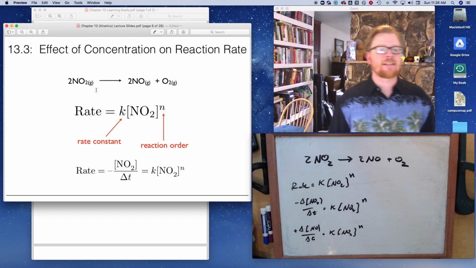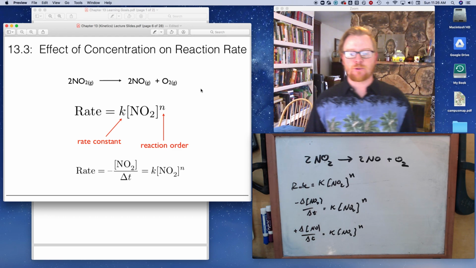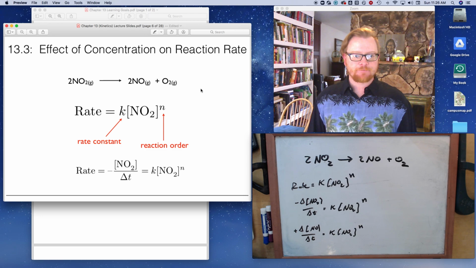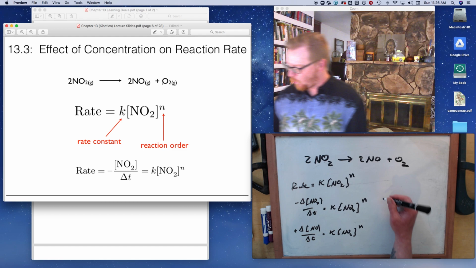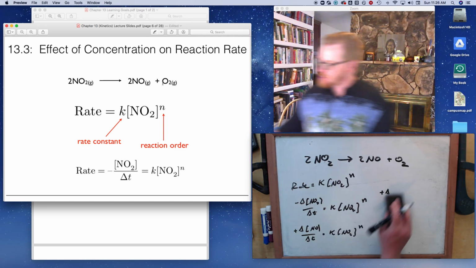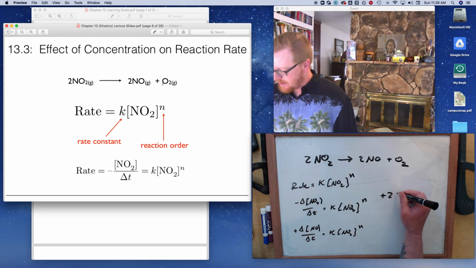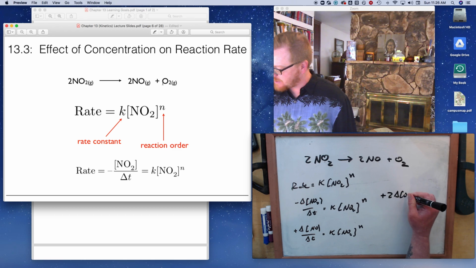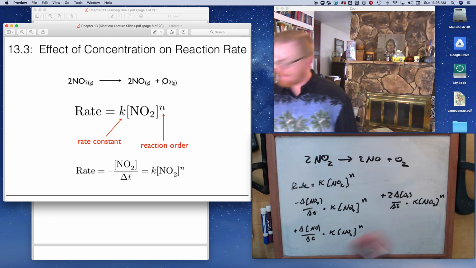NO2, because I can see that my NO2 and my NO both have a coefficient of 2, so they're the same proportionality. But now my O2 just has that coefficient of 1. So if I wanted to relate that to the O2 coefficient, I'm going to do the opposite of what we did before and say plus 2 times delta O2 over delta t equals K NO2 raised to the power n.